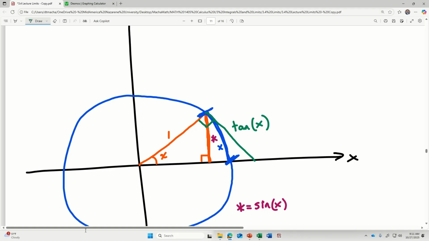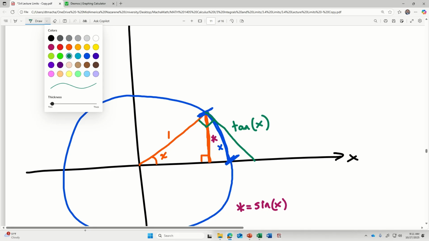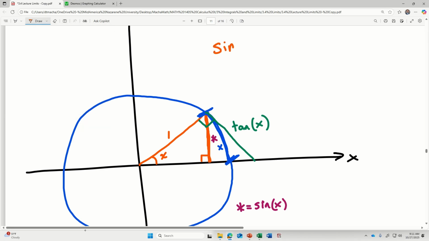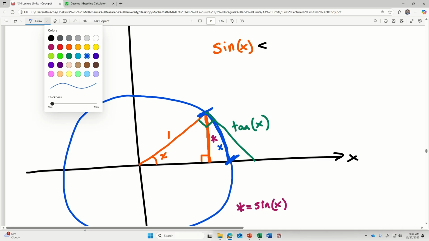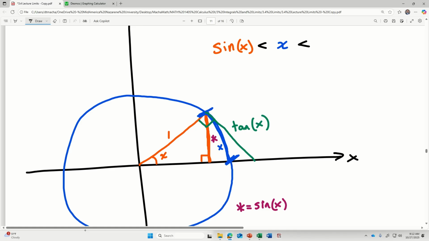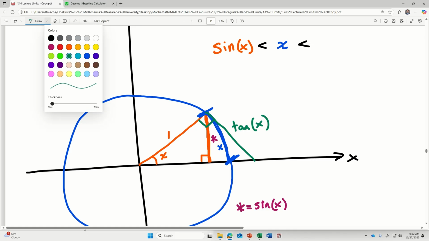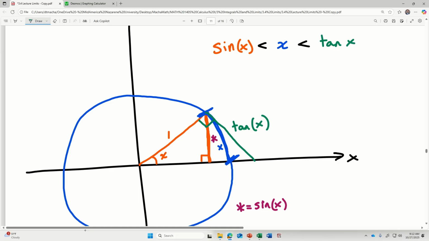So what we have here is this picture. I think we can all agree that orange is going to be the shortest, blue is going to be in the middle, and green is going to be the longest of these lengths that I've highlighted.